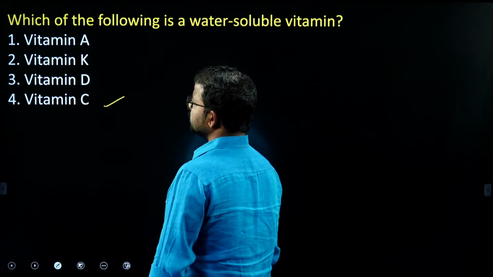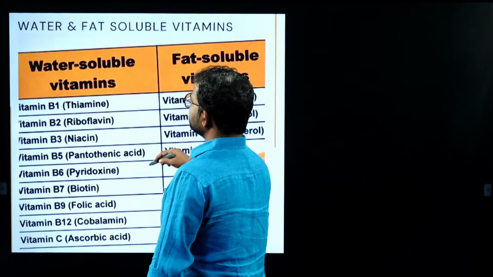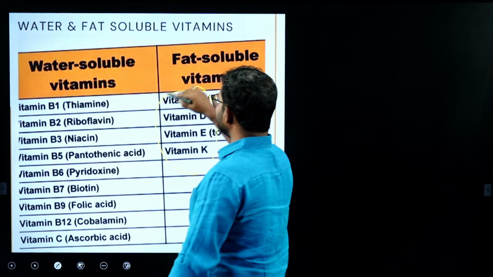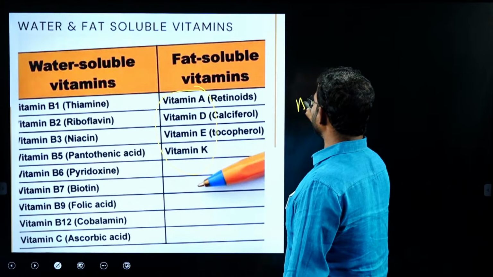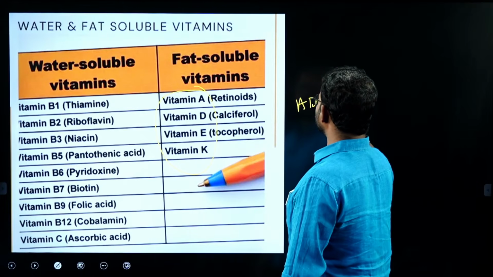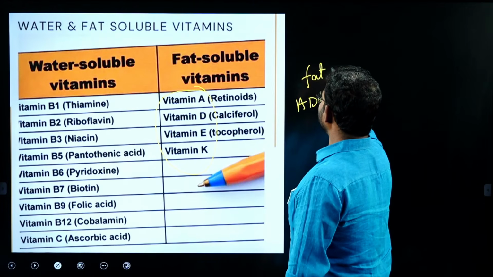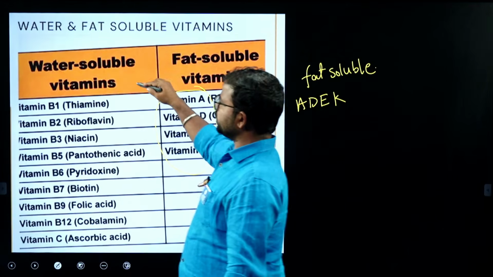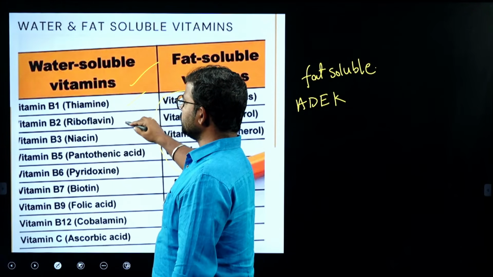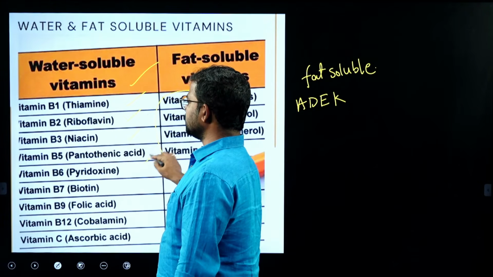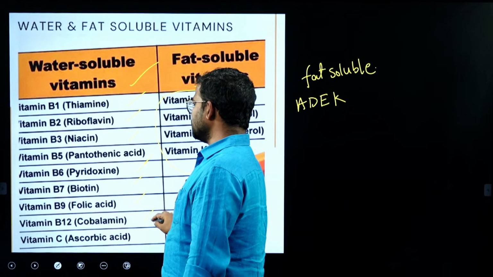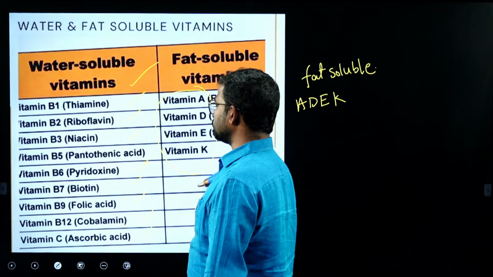Here it is, guys. If you consider fat soluble vitamins, simply remember ADEK. These are fat soluble, and the remaining ones are treated as water soluble: thiamine, riboflavin, niacin, pyridoxine, biotin, folic acid, ascorbic acid, cobalamin, cyanocobalamin.